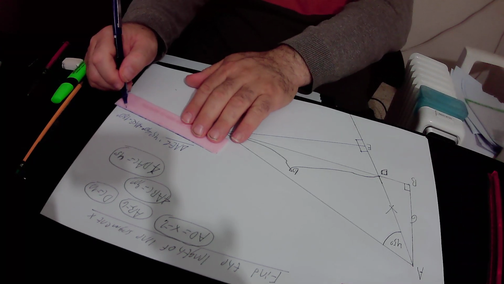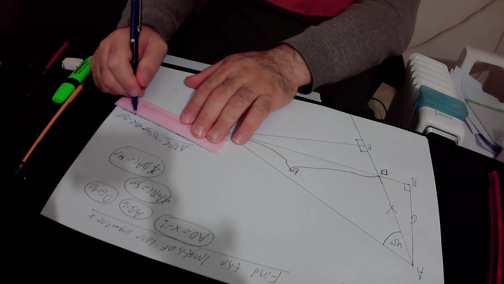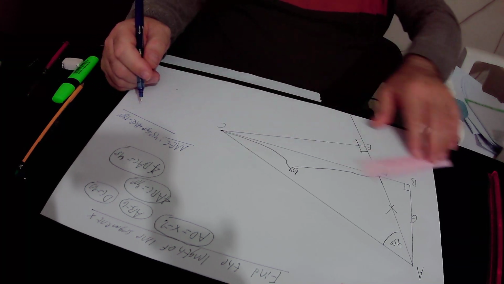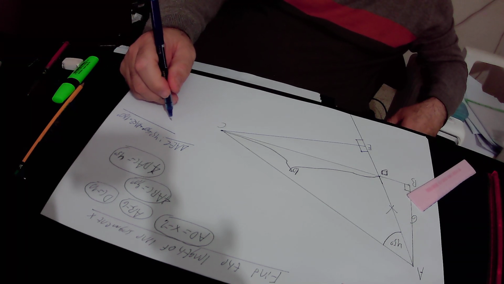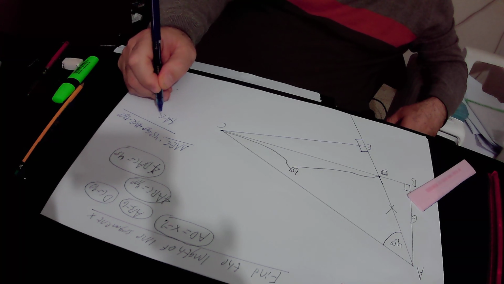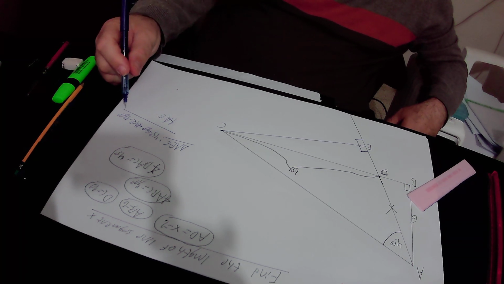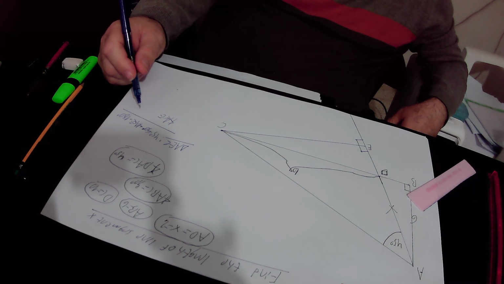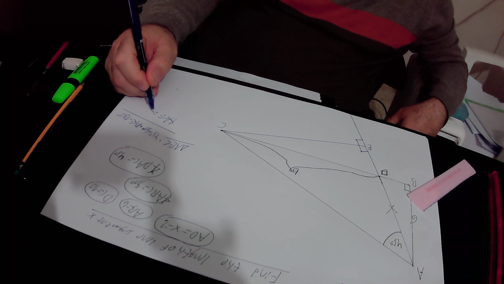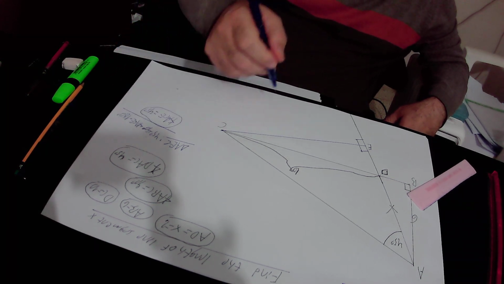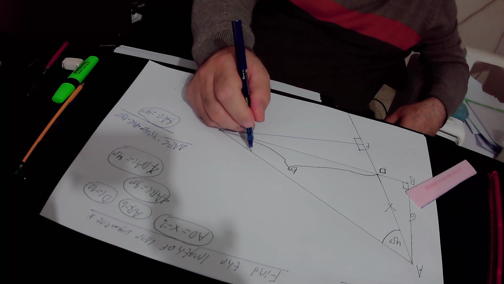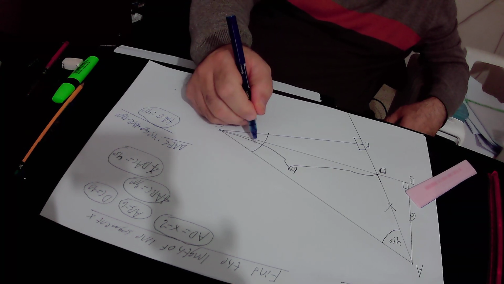So here we will subtract 135 degrees from 180 and we get that the missing angle, angle ACE, is equal to 180 degrees minus 135 degrees, which is equal to 45 degrees. So we found out that this angle equals 45 degrees.